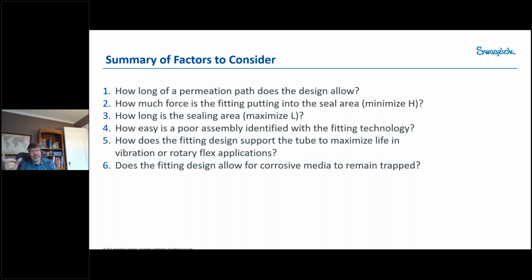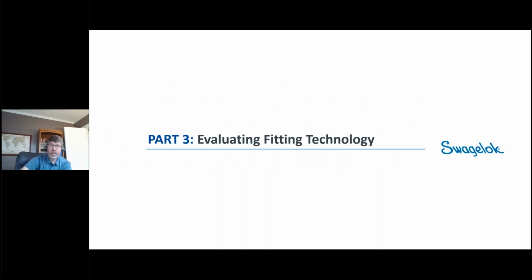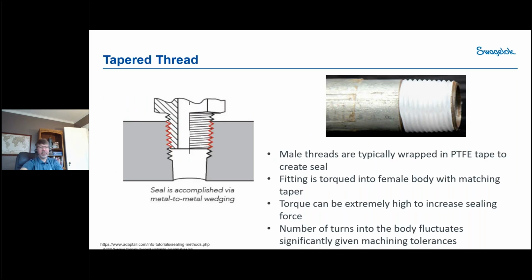We want to maximize the L. How easy is it to determine if the fitting is not properly made up? How well does the fitting support the tubing? That's usually what we're sealing the fitting onto, right? How well does it support the tubing for vibration? And does it have entrapment areas that will create corrosion? So with that, let's take a look at some fitting technologies.